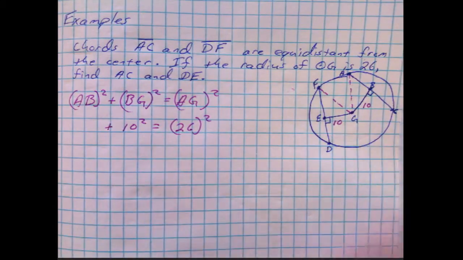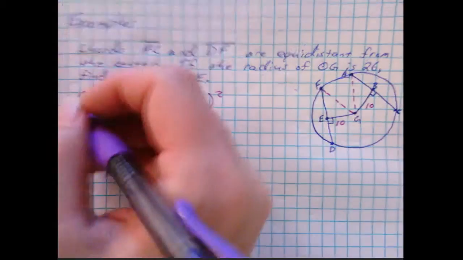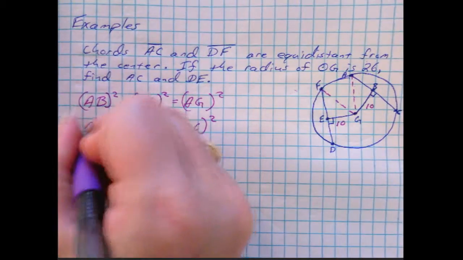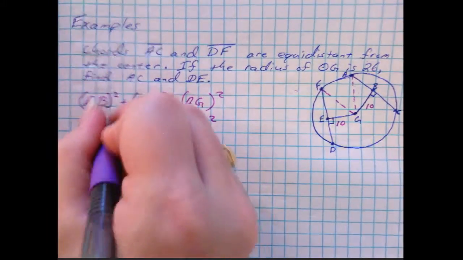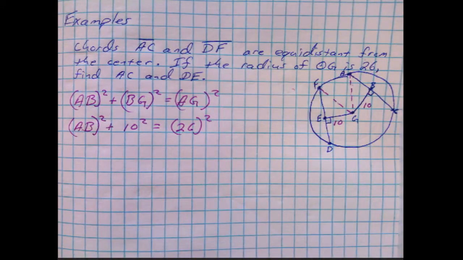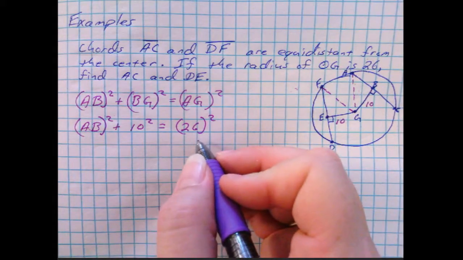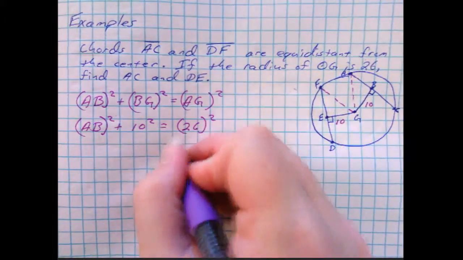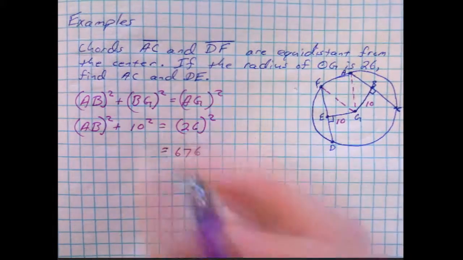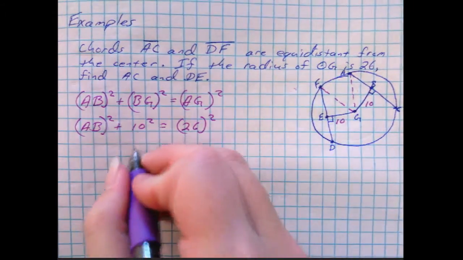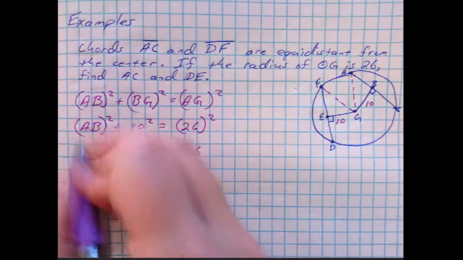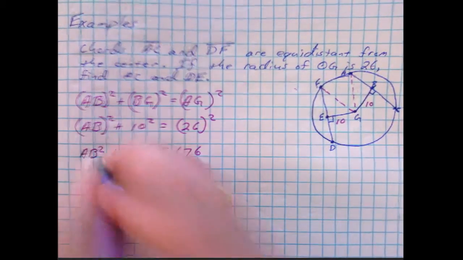And AB, my other leg, is what we're trying to find. So we're just going to solve this for AB. 26 squared is 676. So 676 equals 10 squared, which is 100, plus AB squared.